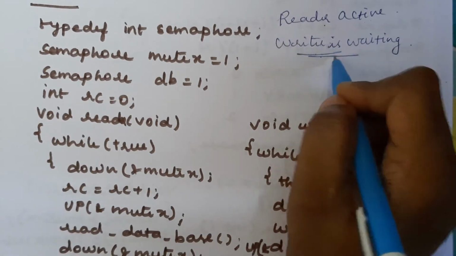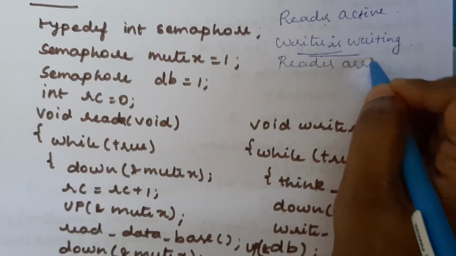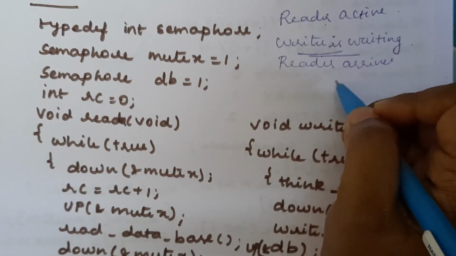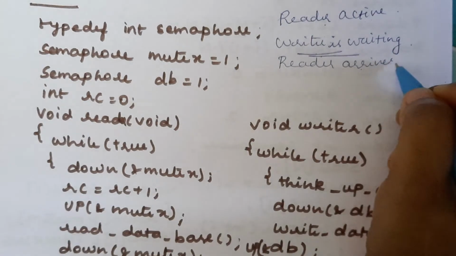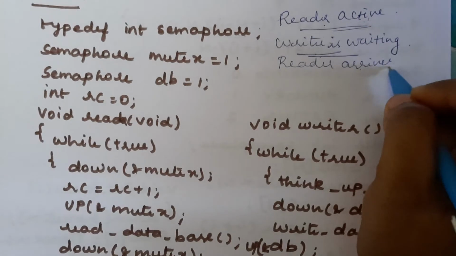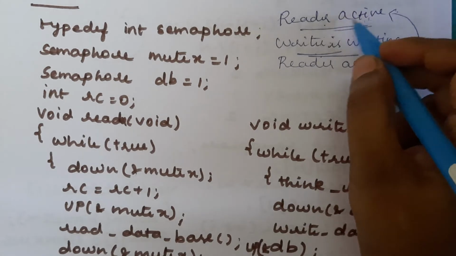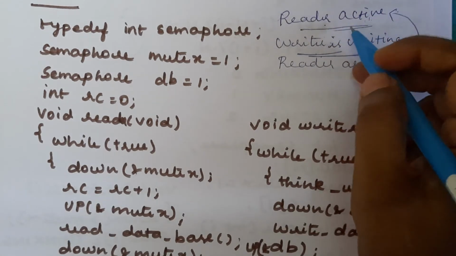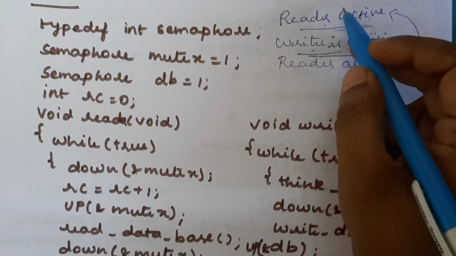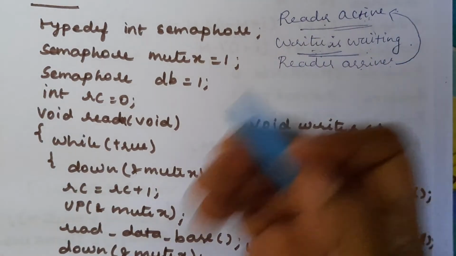And then after this writer also, some readers may arrive. Not only a single reader, more than one reader may arrive. While any of the readers is active, he can allow any other process to perform the read operation. So whichever reader is arriving at that time can perform the read operation. But writer is not allowable, so it is actually waiting till the completion of all the readers that are arriving.